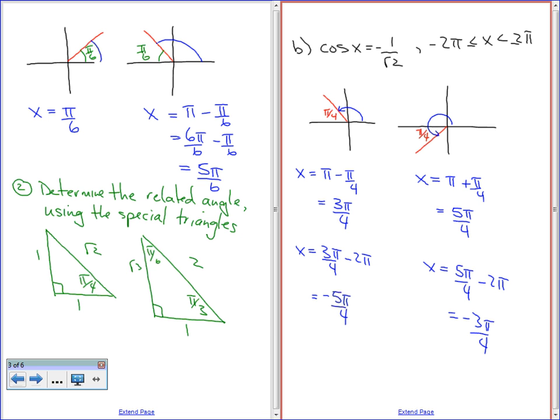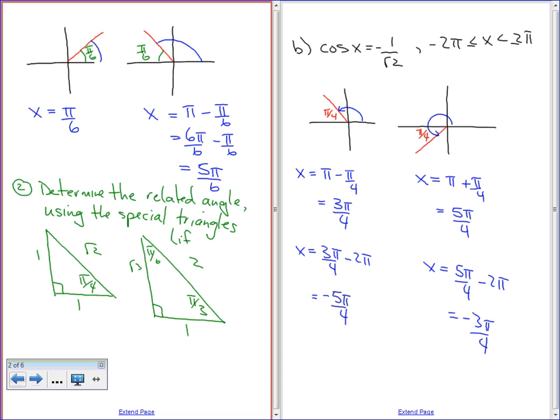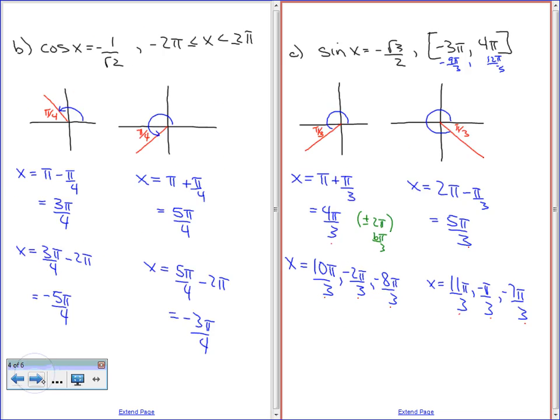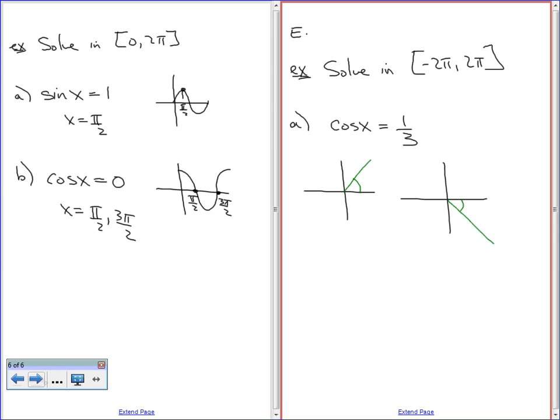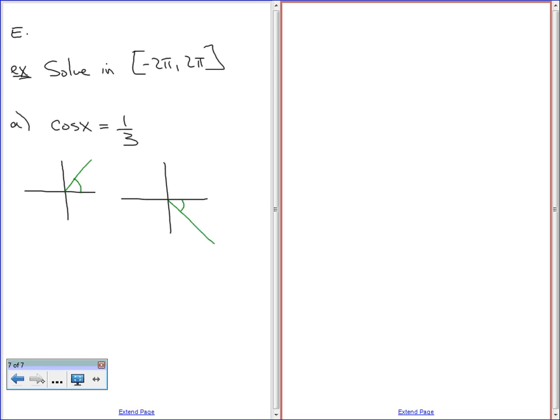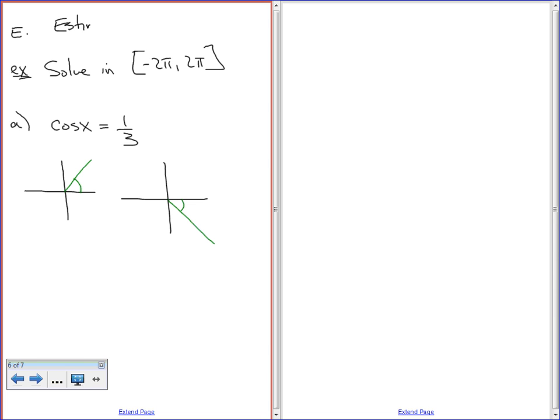Sure? None of them. Okay, so I'm going to change this to determine the related angle using the special triangles if you can. If you can't, the only way to do it is using your calculator. The process is exactly the same. Really this is section E, and this is estimating your answers. So you do it the exact same way.